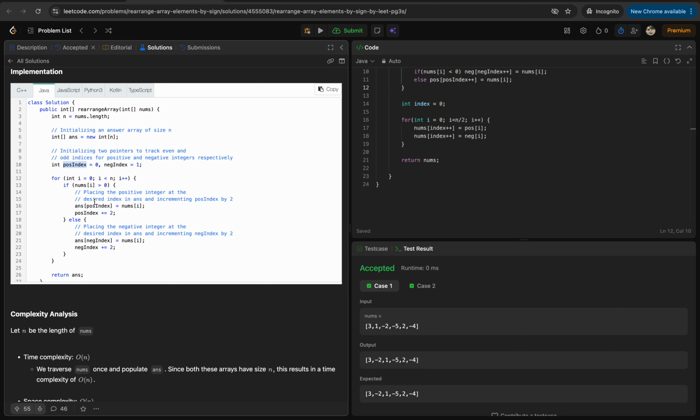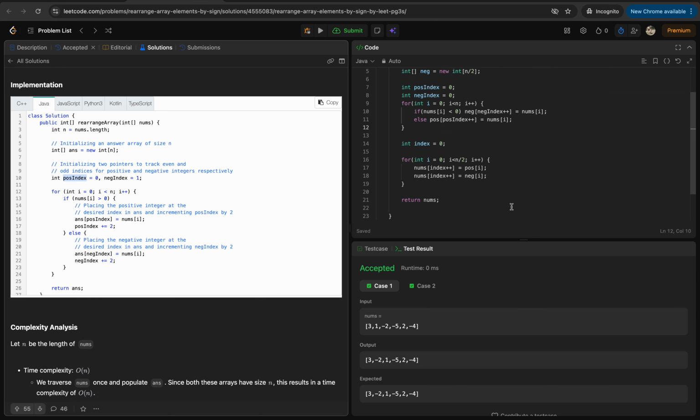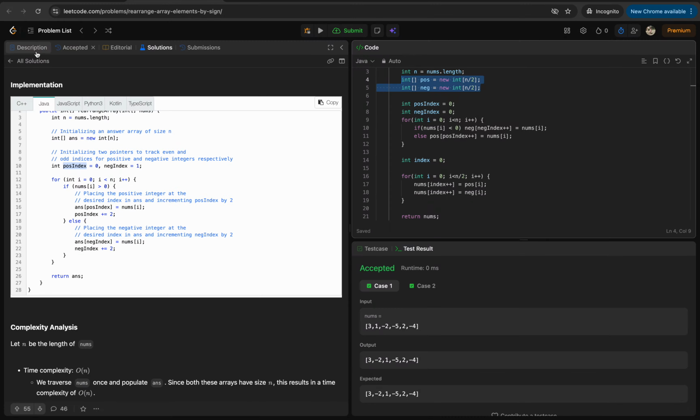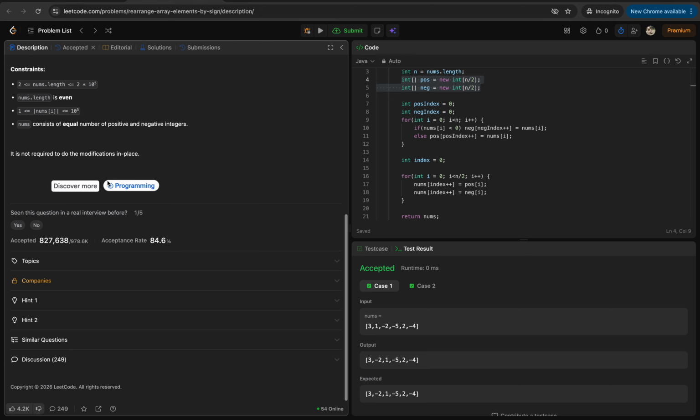Placing the positive at the desired index. Okay, so instead of creating it like this, they are creating one more array and putting the elements directly into it and then returning, that can also be done. That is also a good solution.